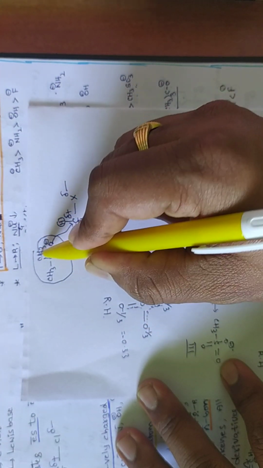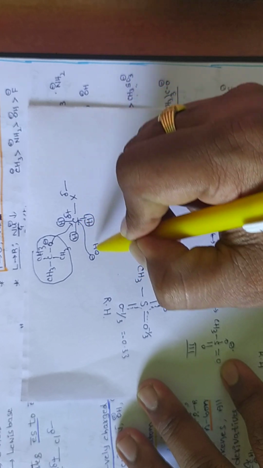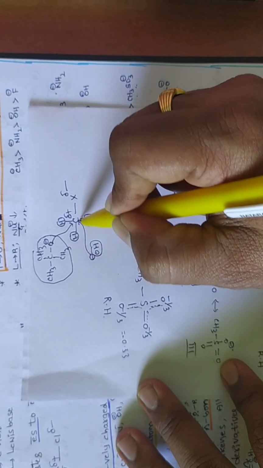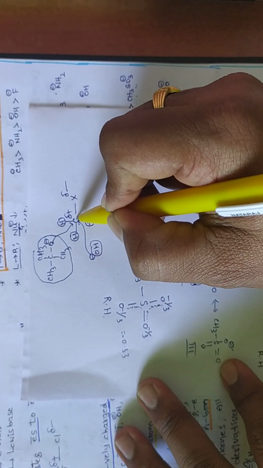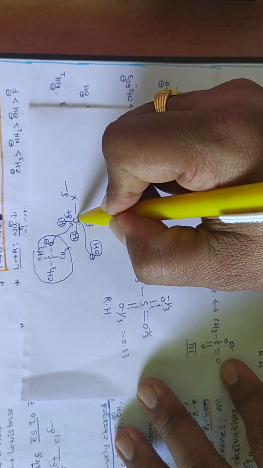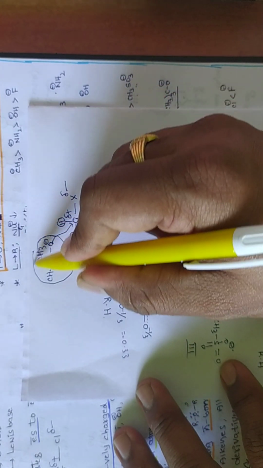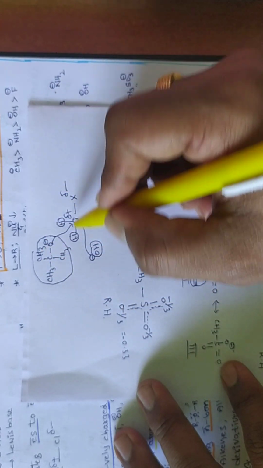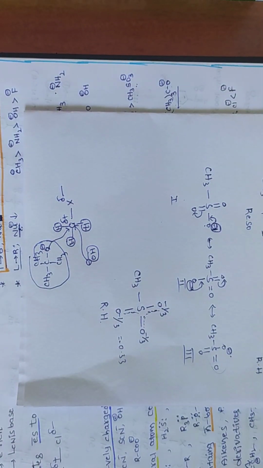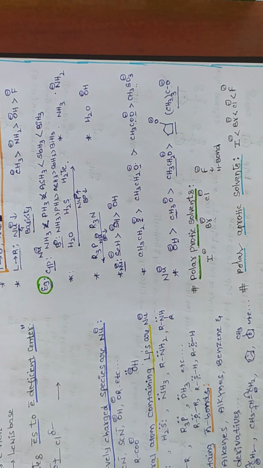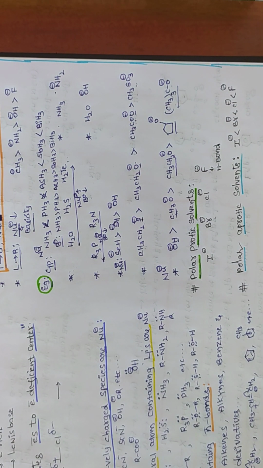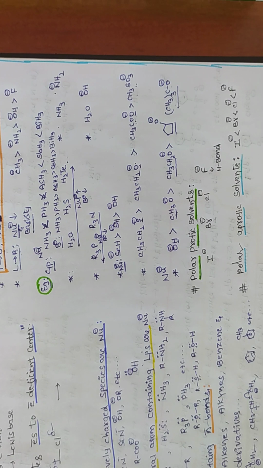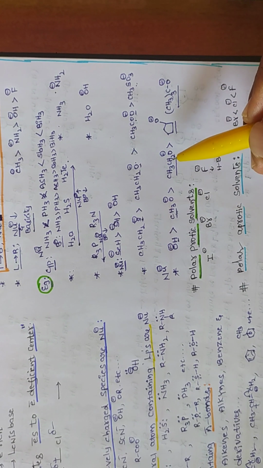The smaller size can go through this, so attacking here is easy. But attacking this carbon is difficult because of the bigger size nucleophile. As the size of the nucleophile increases, its donation is less. So nucleophilicity will be less. That is the reason for this case.